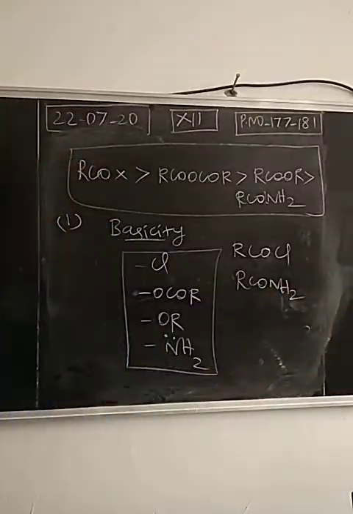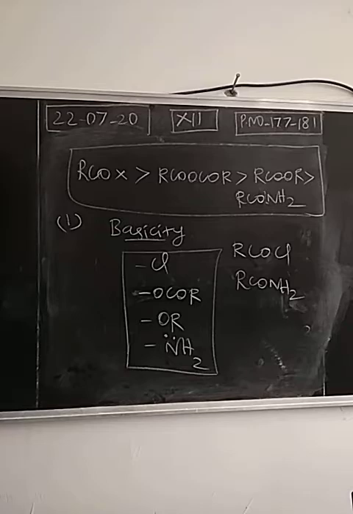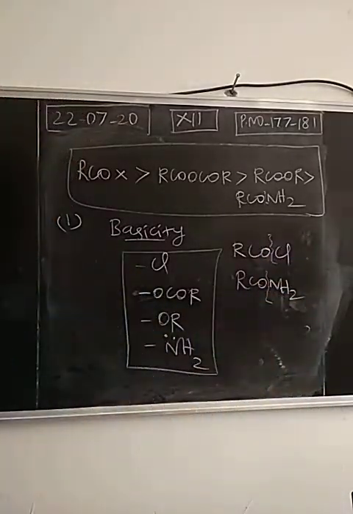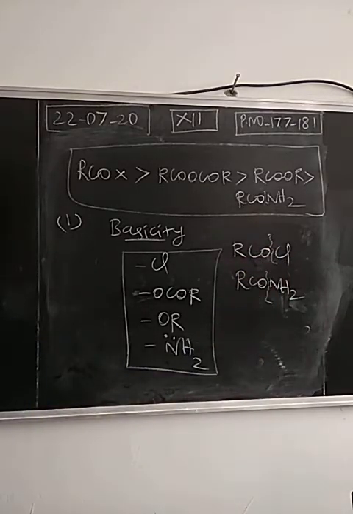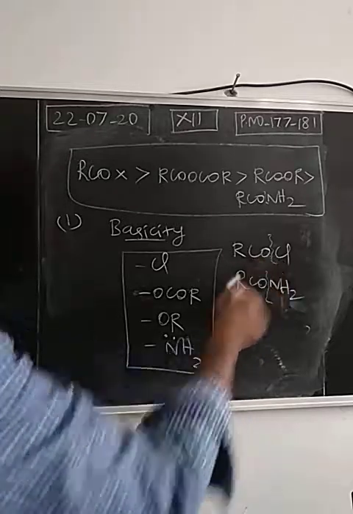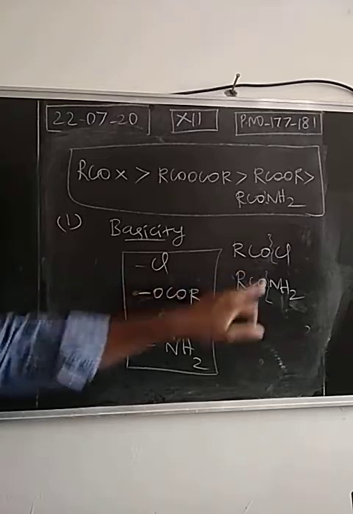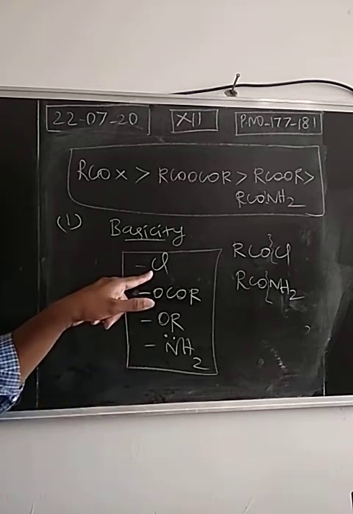When you take a derivative of carboxylic acid, the reactivity of the compound is mainly based on the breaking of this bond. If the bond is breaking, there will be a chemical reaction. So reactivity is mainly based on the breaking of the bond between the group and the carbon. So this bond can be easily broken for this one.